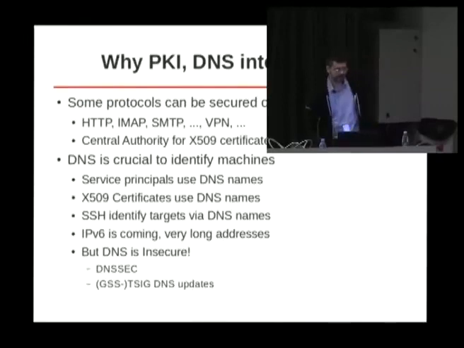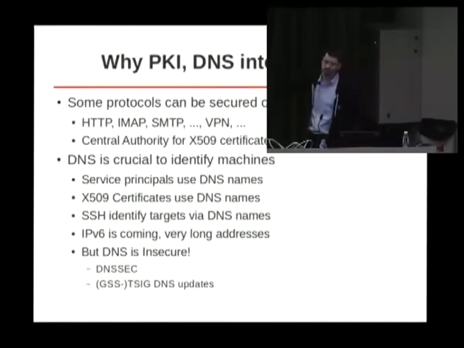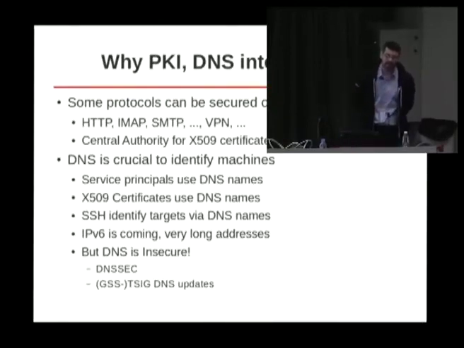And although DNS at the moment is insecure, even though it's useful for all these things that are involved with security, like SSH and X509, there are mitigations coming. DNSSEC is having a decent adoption, slow but decent.